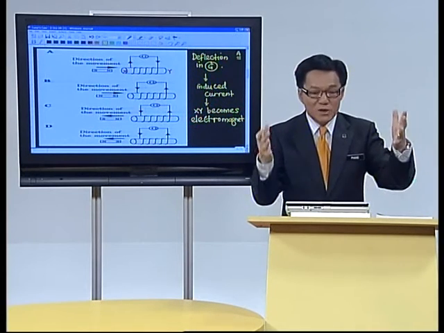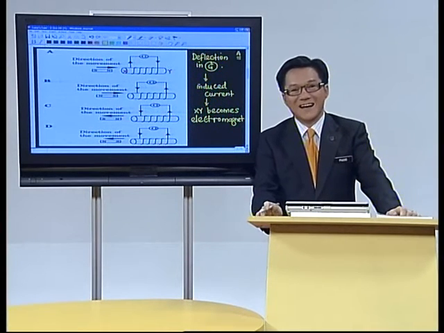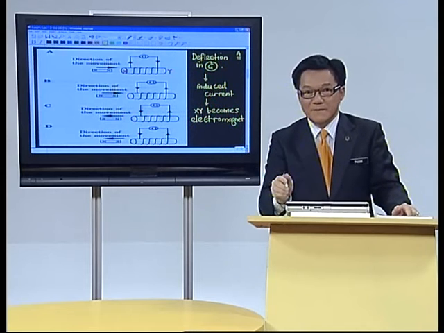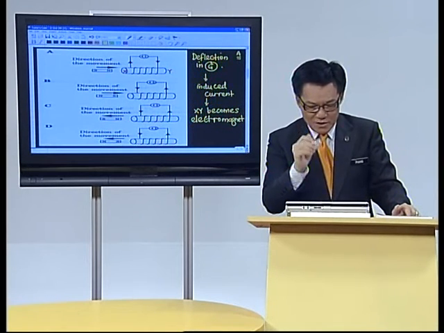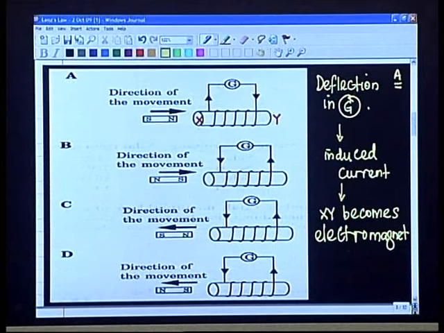We have to determine which one. That's where Lenz's law comes in. Now, X. According to Lenz's law, X must be the north. X must be the north.